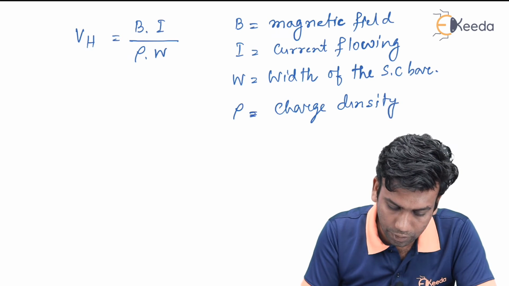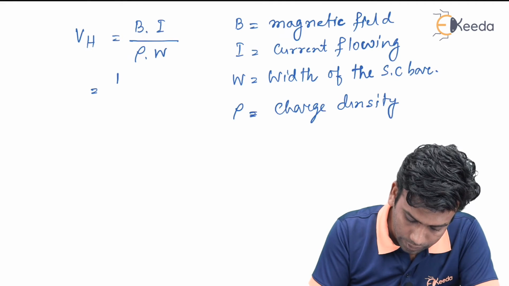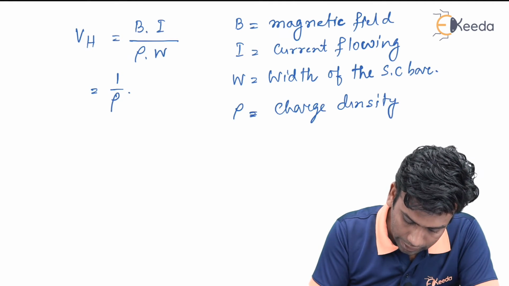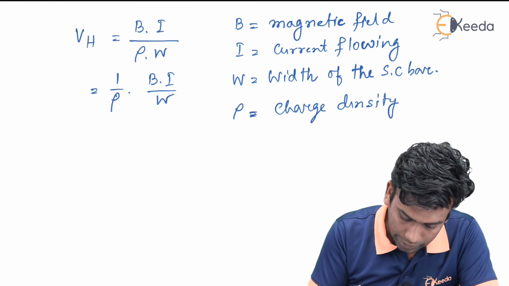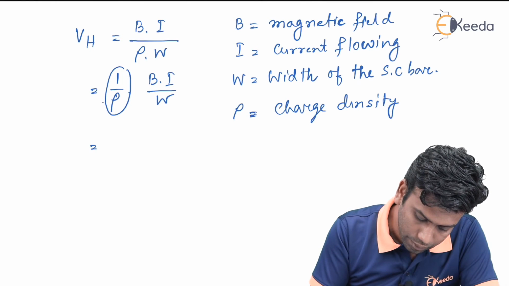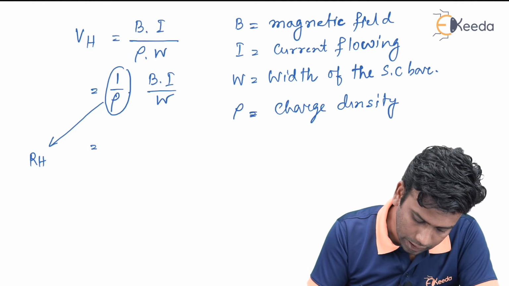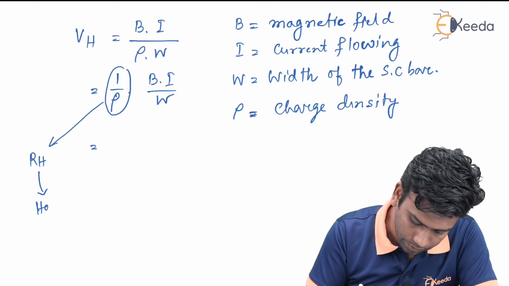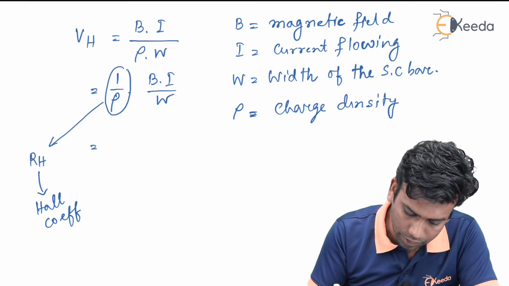inside the semiconductor. Now, this 1 by rho is nothing but the Hall coefficient RH of the semiconductor.